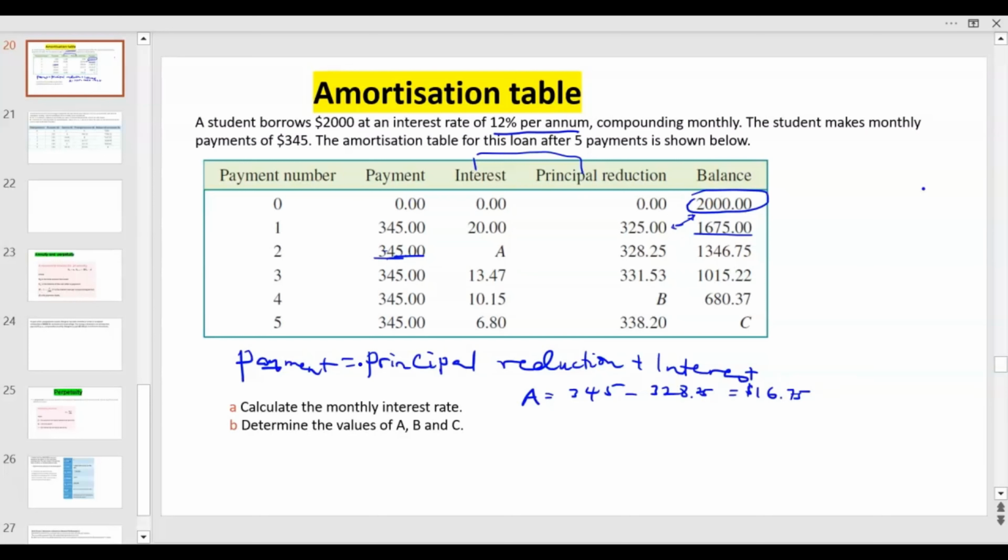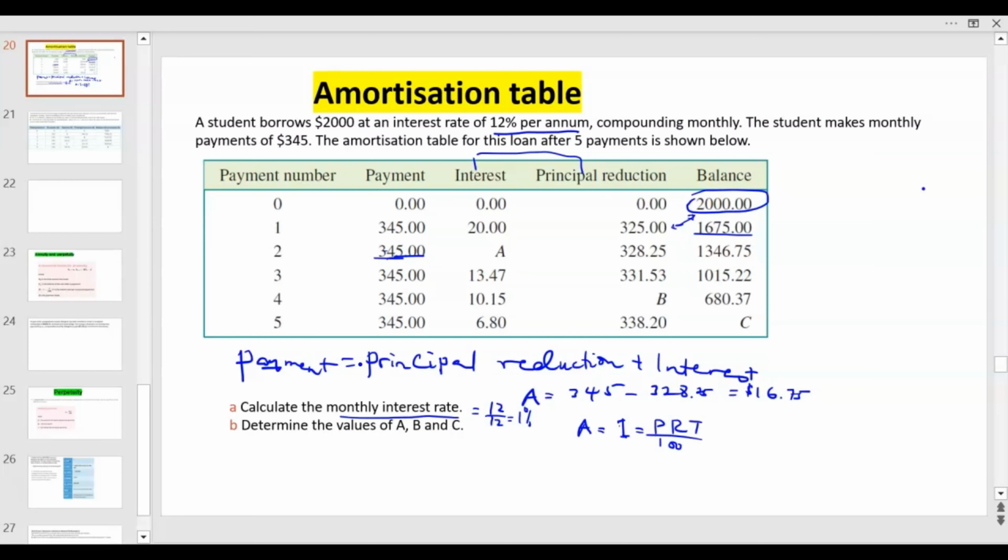The other way of finding the value of A, since we know the interest, is to use the monthly interest rate, which here is 12 over 12. It's going to be 1% a month. Because A is in the interest column, we can use the formula I equals PRT over 100.